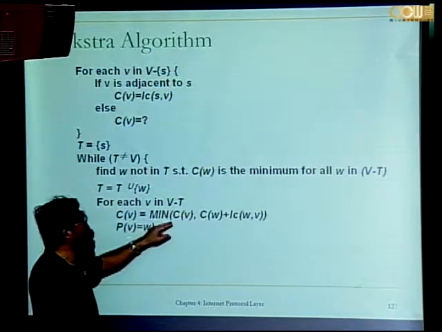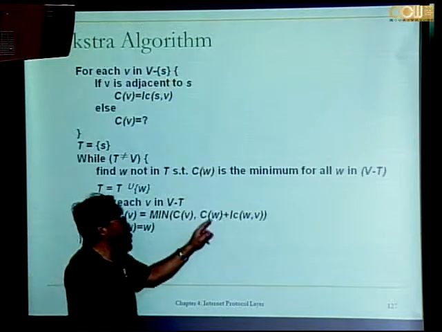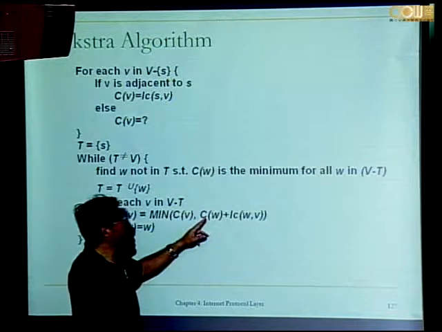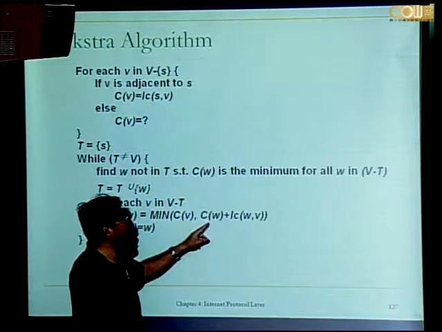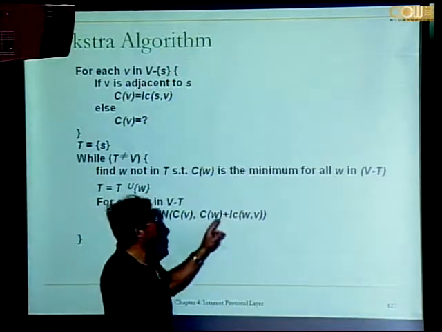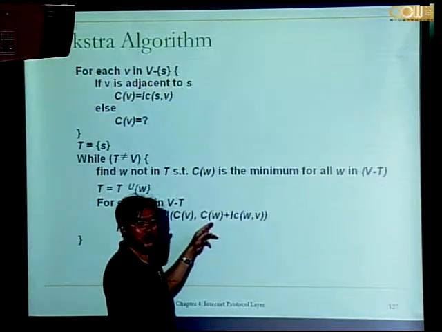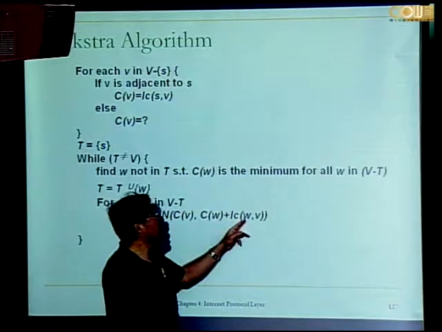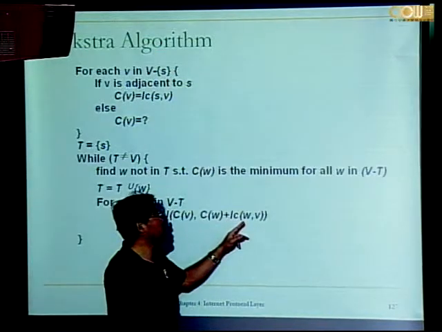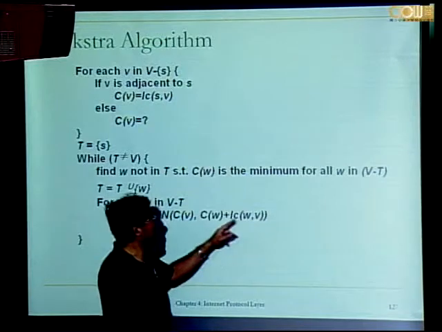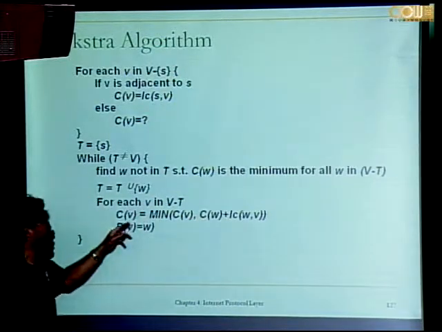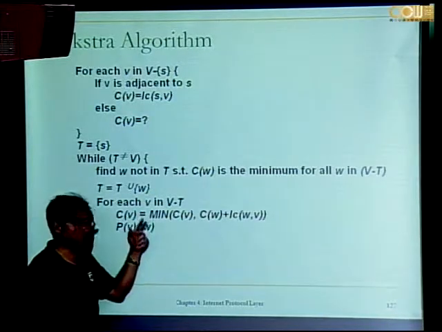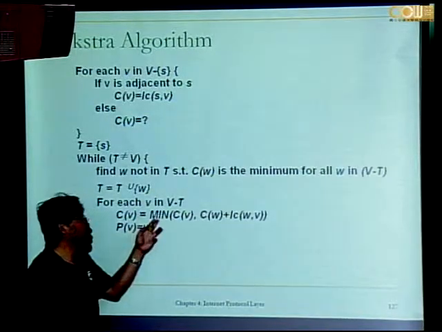I try to see whether I can provide a better path. If I can provide a better path, I mean my cost from the source, the distance from the source to W plus the cost from W to V, is shorter than the current label of V, then I replace it. So I'll pick the minimum.